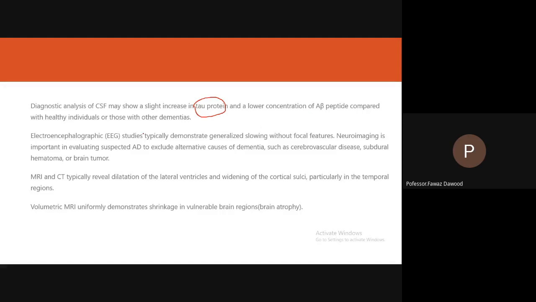Another method of examination is electroencephalographic studies, and here we could demonstrate on EEG generalized slowing without focal features. Another way for the examination is the CT and the MRI. We could demonstrate that there will be a brain atrophy also.